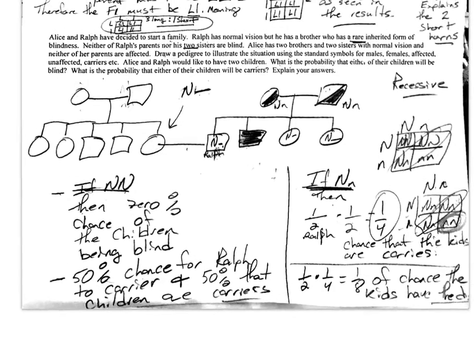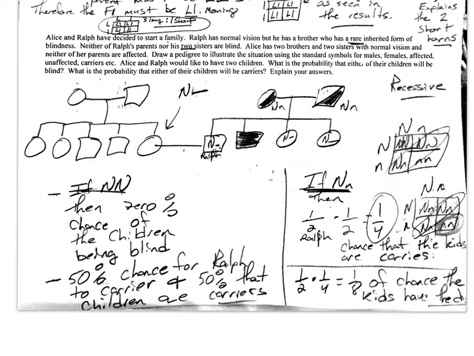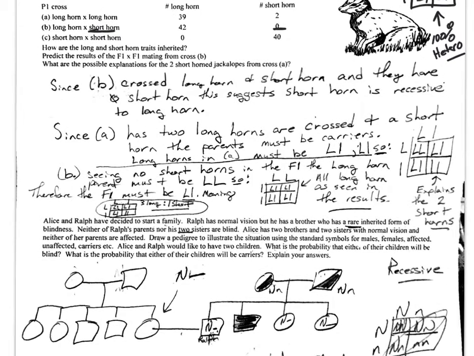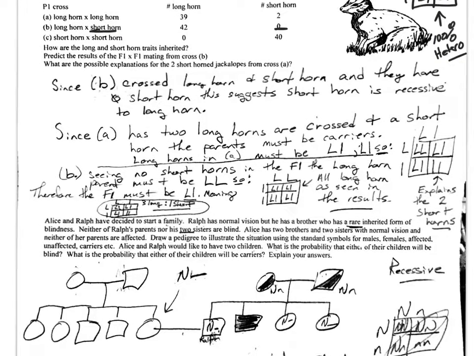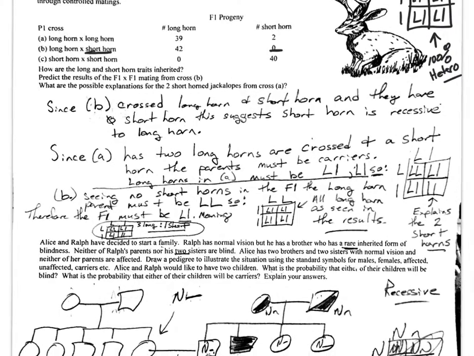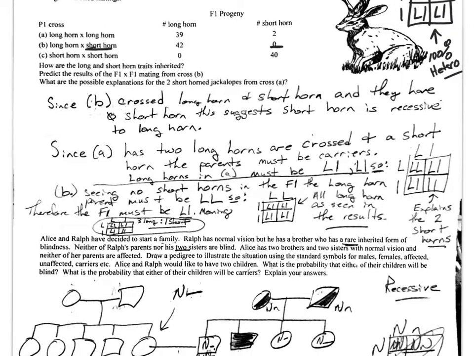All right, this one is a pedigree. Alice and Ralph decided to start a family. Yeah, you got a question? Didn't it say an F1? Yeah. The F1, yeah, because those would be the P ones, cross B. So that would be 2 heterozygotes.